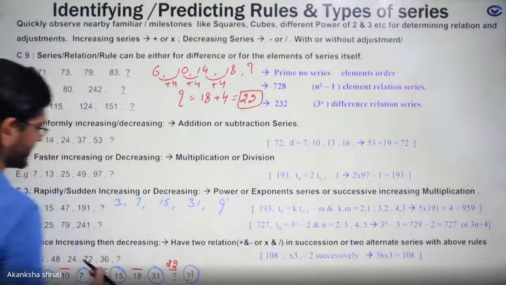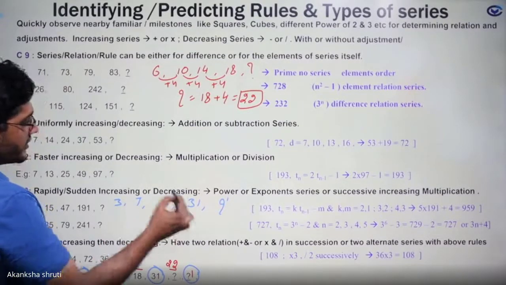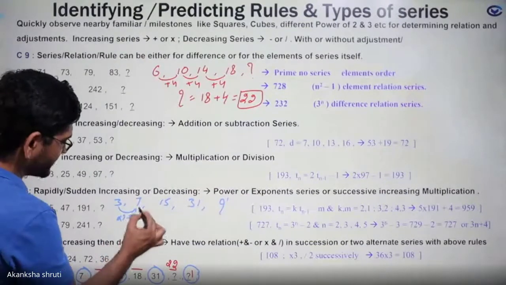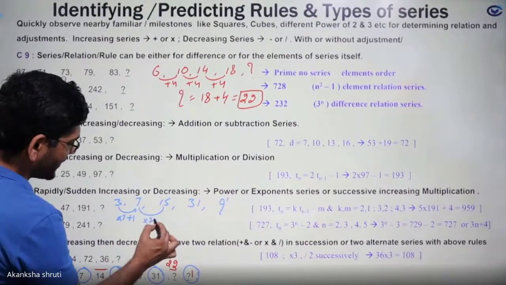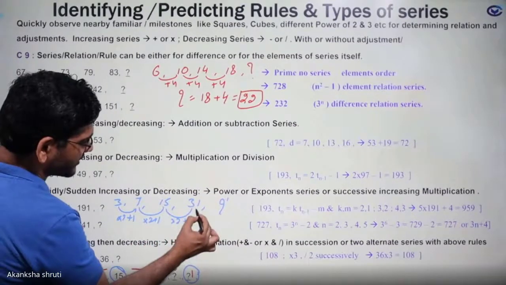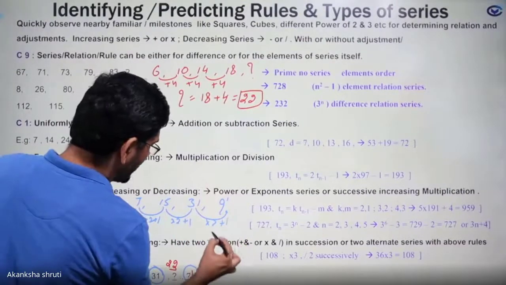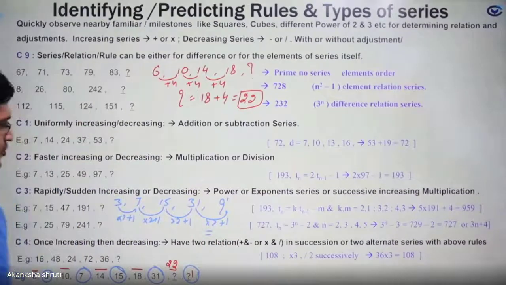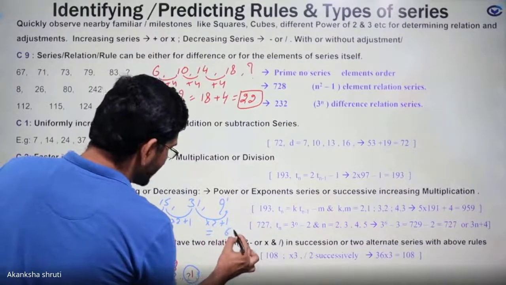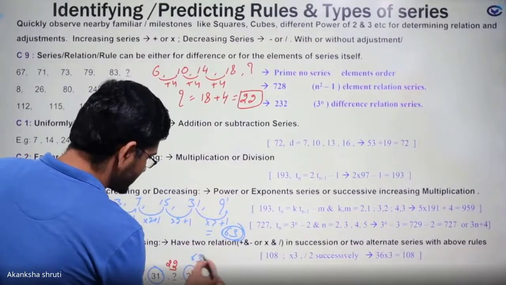Here we observe that 3 twos are 6, plus 1 is 7; 7 twos are 14, plus 1 is 15; 15 twos are 30, plus 1 is 31. So 31 twos are 62, and plus 1 will be 63. So this is our 63.